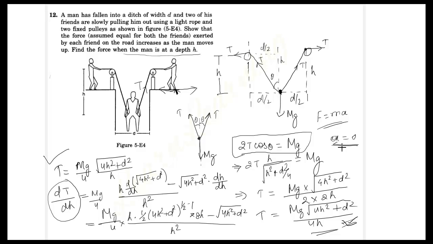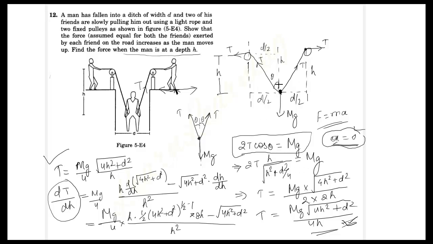They don't want any acceleration to be there. So we assume that there is no acceleration and they are pulling the man with near 0 velocity, very slowly, and that velocity is constant. We don't consider acceleration here. In that case the forces upwards and downwards will be equal. So 2T cos theta will be equal to mg.